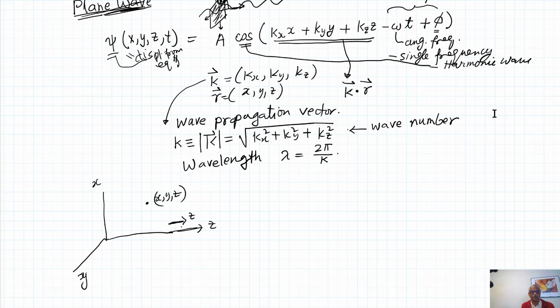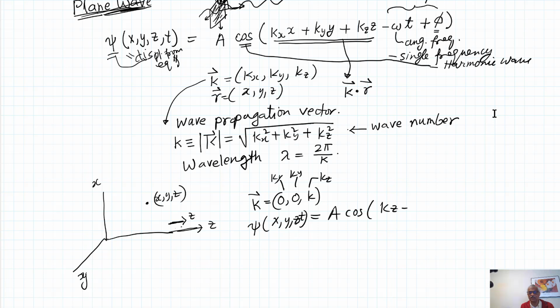So you would see that k actually is 0, 0, k. It's only the z, kz, and this is ky, and this is kx. And you'll find we'll have psi of x, y, z at that point, comma t, just looks like a cosine of kz minus omega t plus phi.